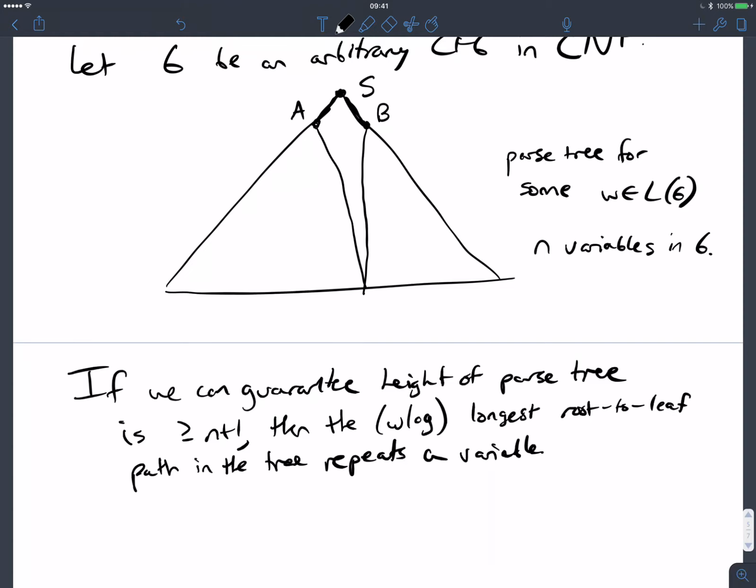If we can guarantee that, then the tree is so tall that the longest path from the root to some leaf must repeat a variable because I'm going to see n plus 1 variables along the way. Okay?